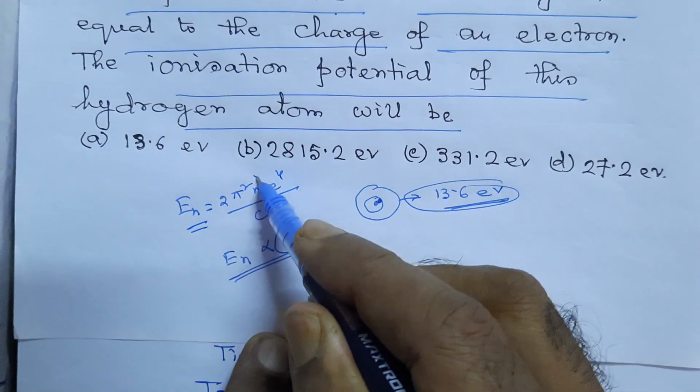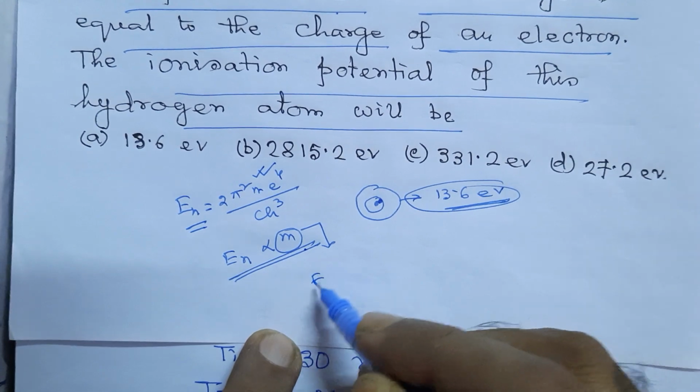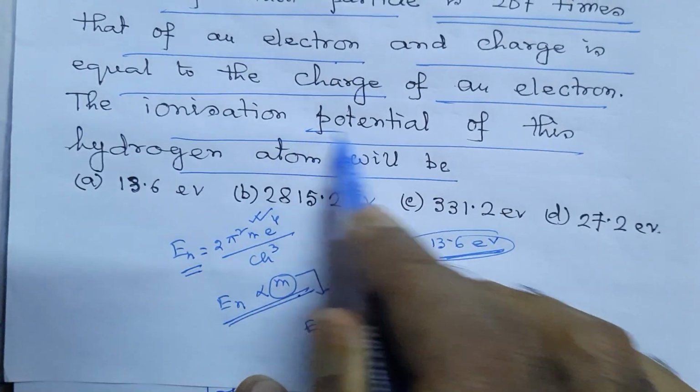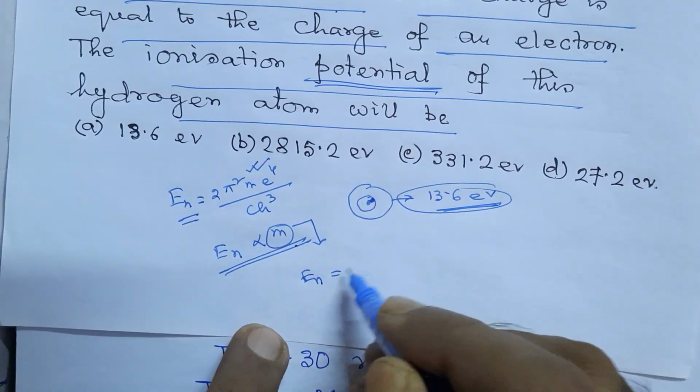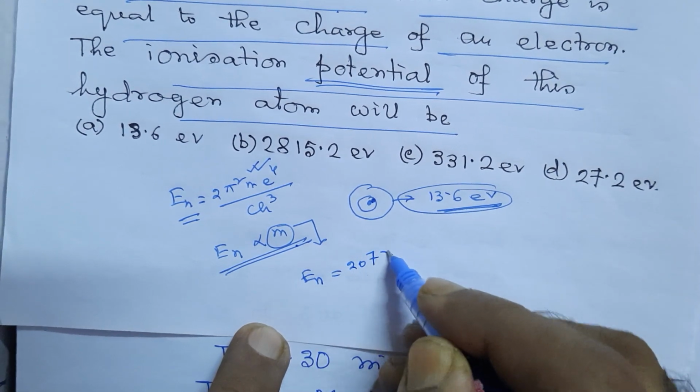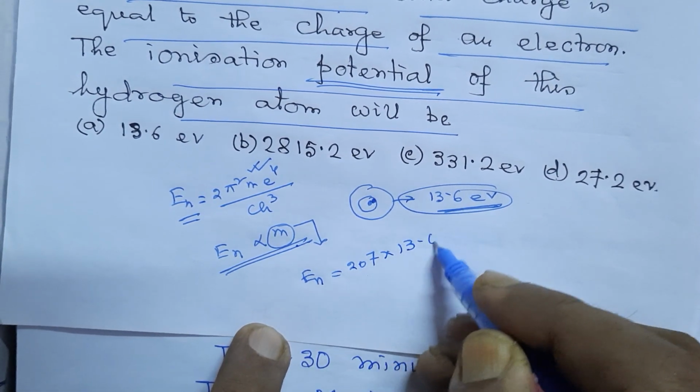As En is proportional to m, the energy of the first orbit, and hence the ionization potential, will be 207 times that of the normal hydrogen atom, which is 13.6.